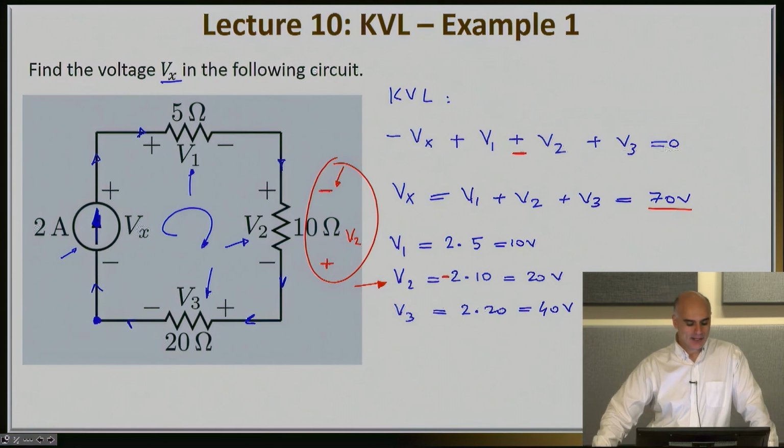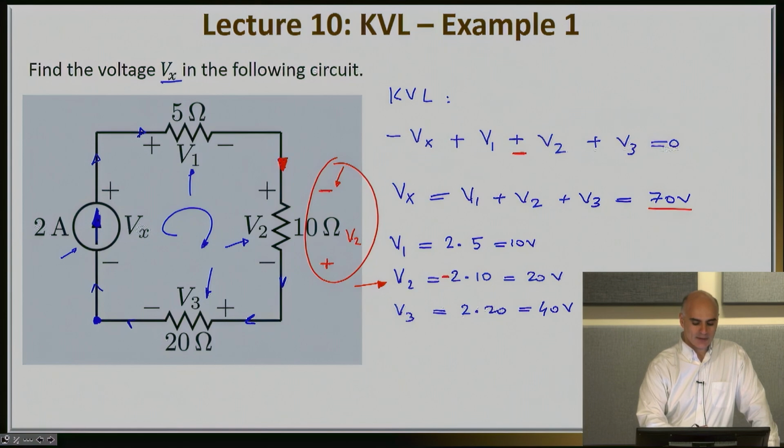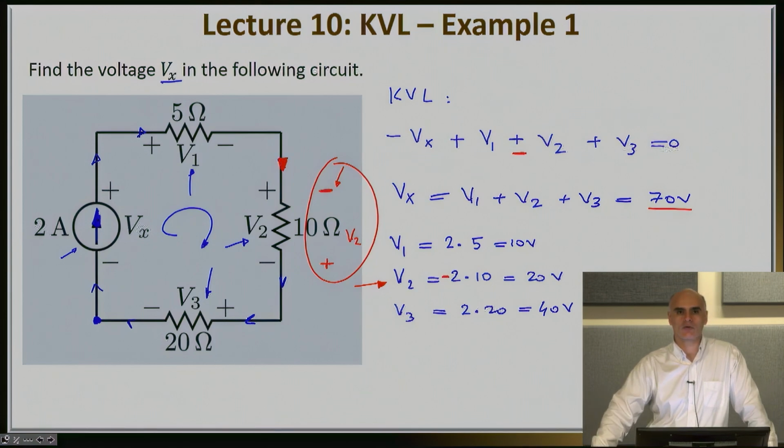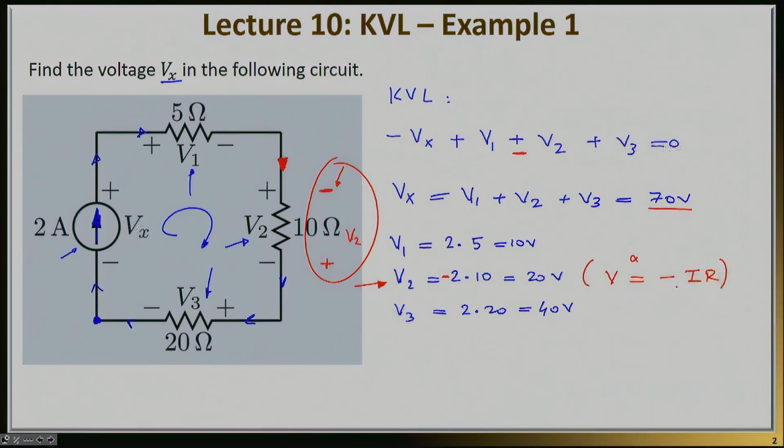The reason for that is because now your current is entering the negative terminal of your voltage drop, which means that as far as the 10 ohm resistance is concerned, you're now in the active sign convention. And in the active sign convention, we have that V is equal to negative IR.